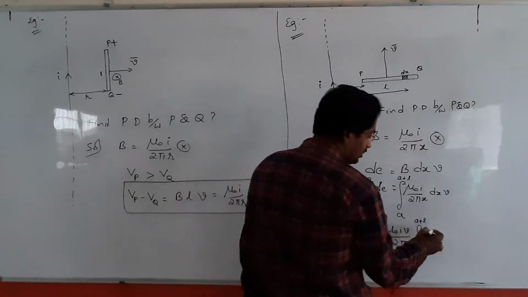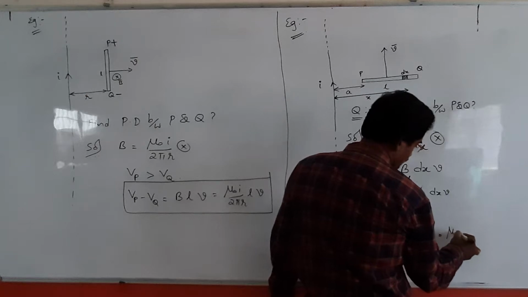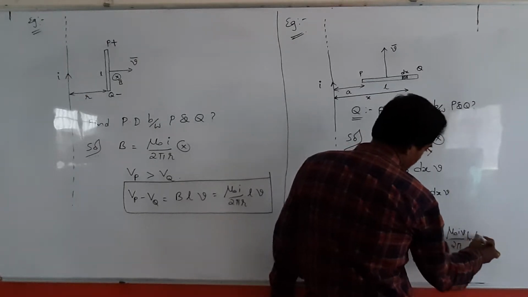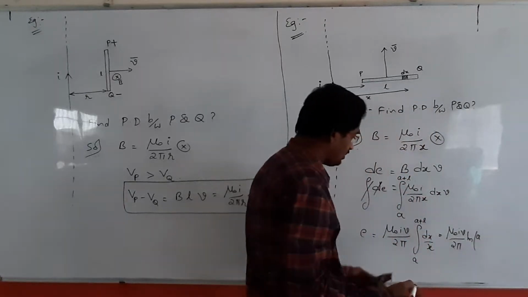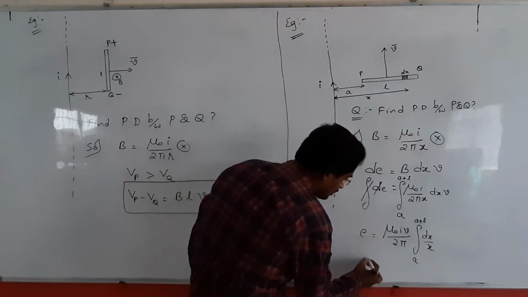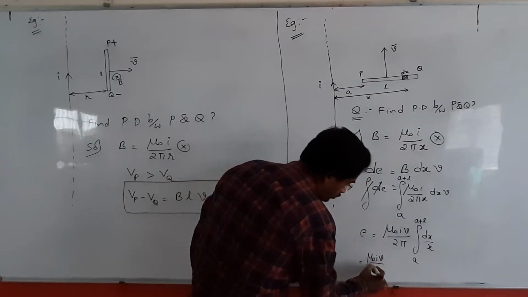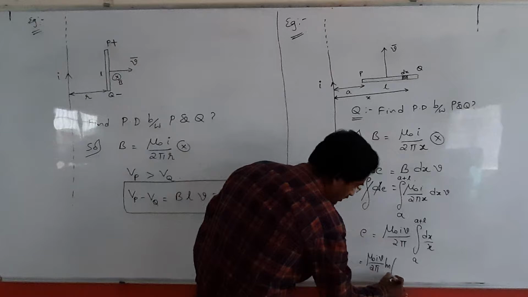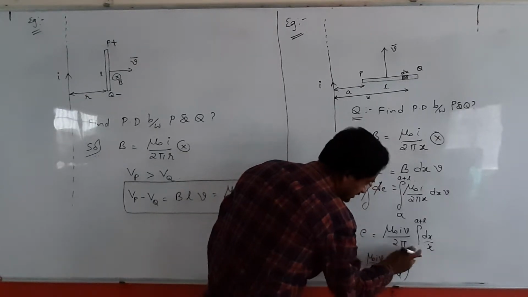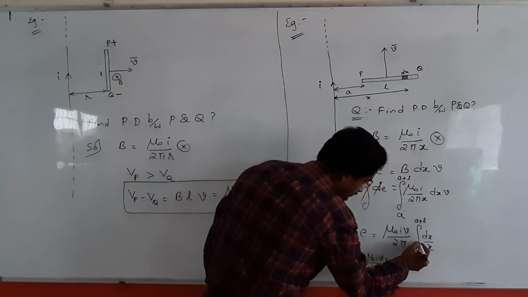What we will get is ln of a plus l by a. So the final answer is mu naught I v by 2 pi ln of a plus l by a. This is the answer for this problem.